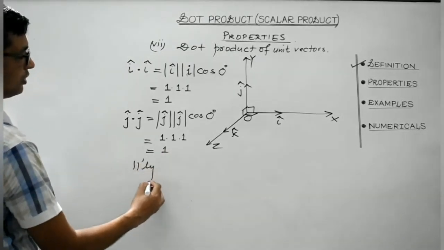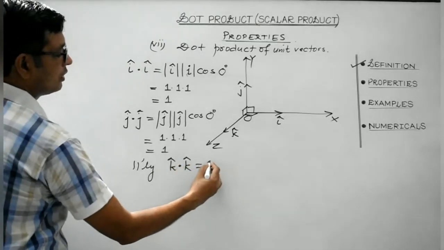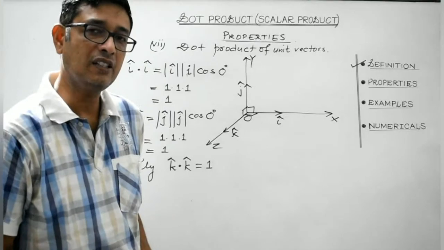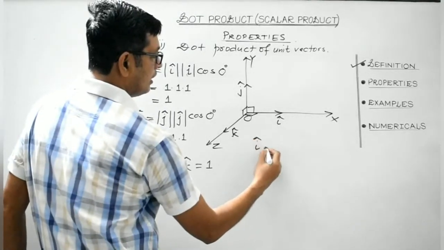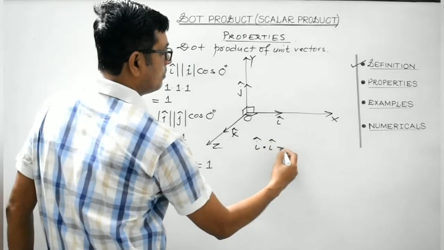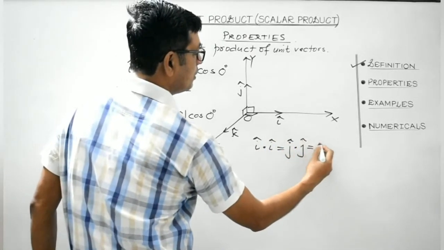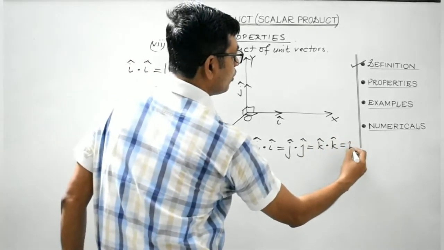Similarly, k cap dot k cap is equal to 1. Therefore we arrive at a very important result: i cap dot i cap is equal to j cap dot j cap is equal to k cap dot k cap is equal to 1.